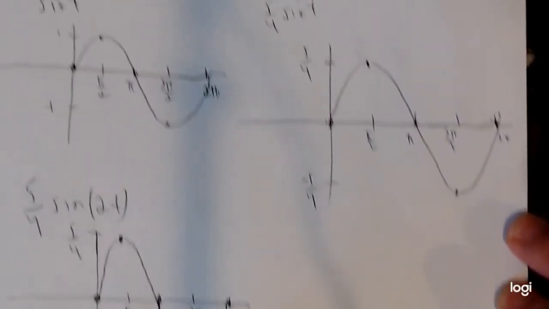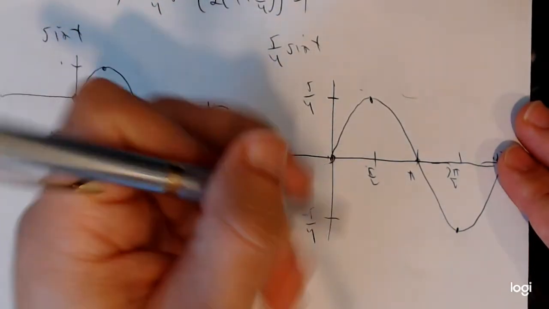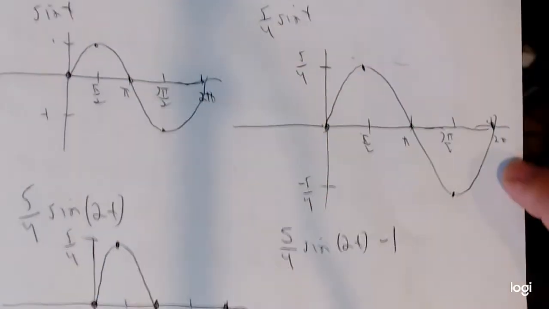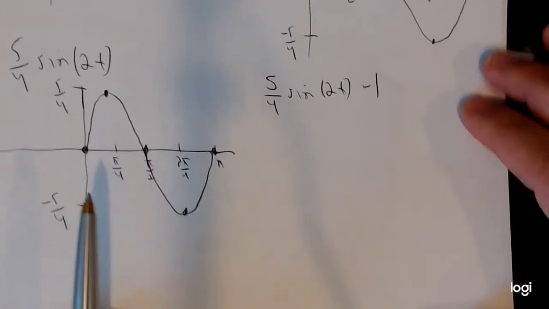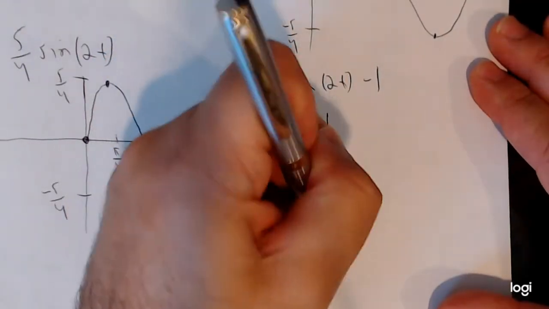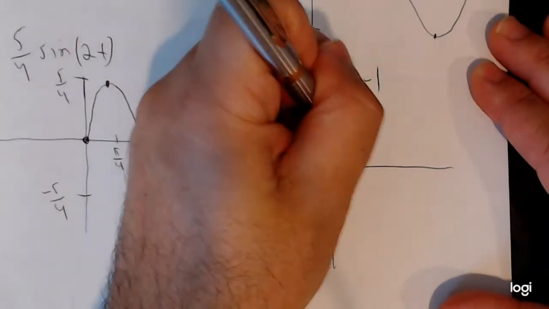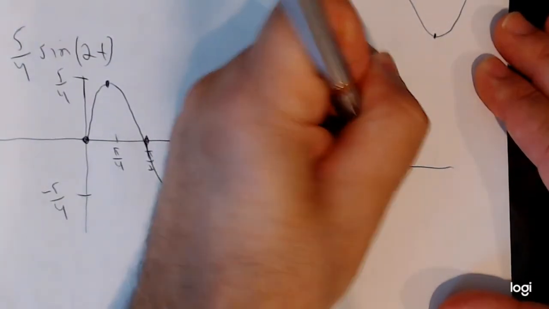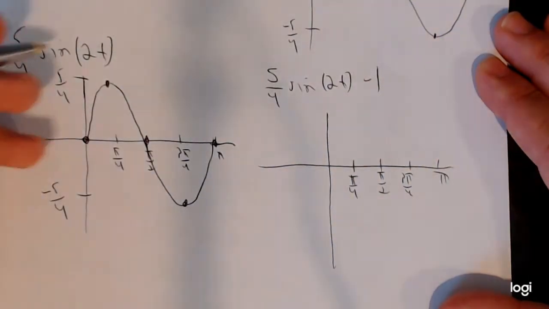Okay, and then the next one is what? 5 over 4 sine of 2t minus 1. So I'm choosing to do that, which is saying move things down 1. So it's literally the same graph, just everything moved down 1.